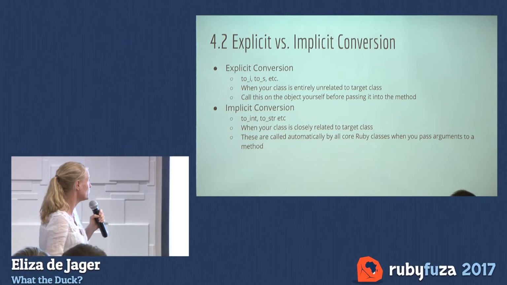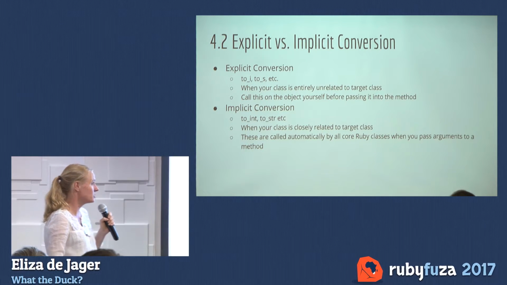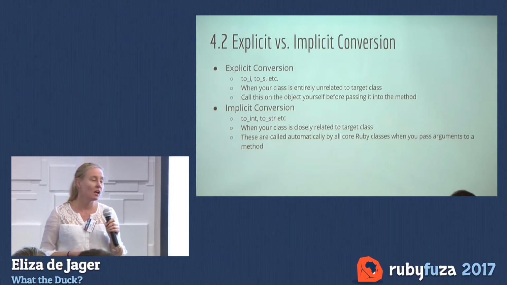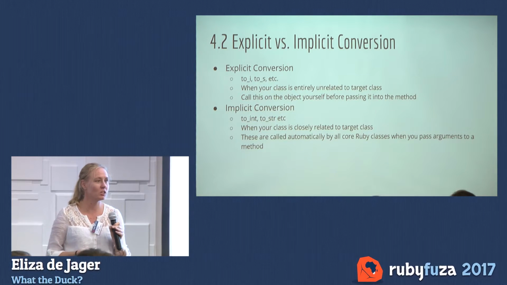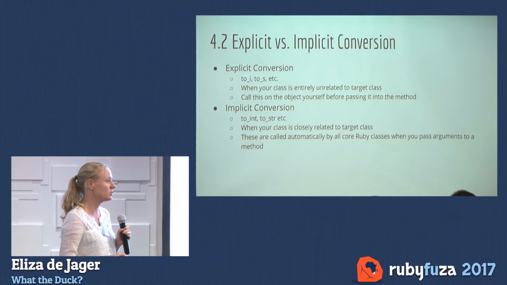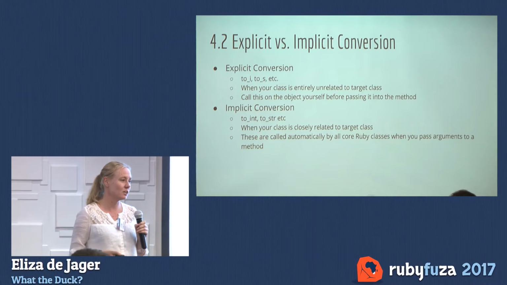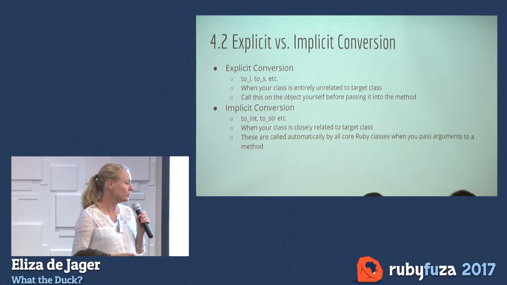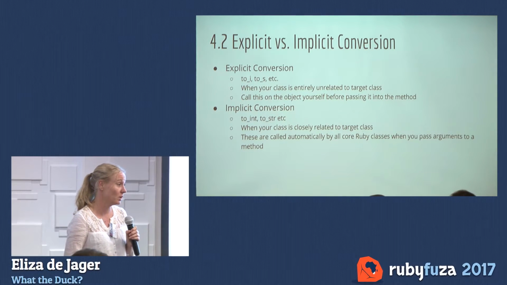Now, an explicit conversion protocol is your to_i's and your to_s's, so they have the slightly shorter names. And the idea is that you define that to_i or to_s or whatever on your class if your class is not very closely related to your target class. If you think about an ActiveRecord instance, for example, it's nothing like a string. But you can call to_s on it, and you usually get a fairly decent representation of that record.